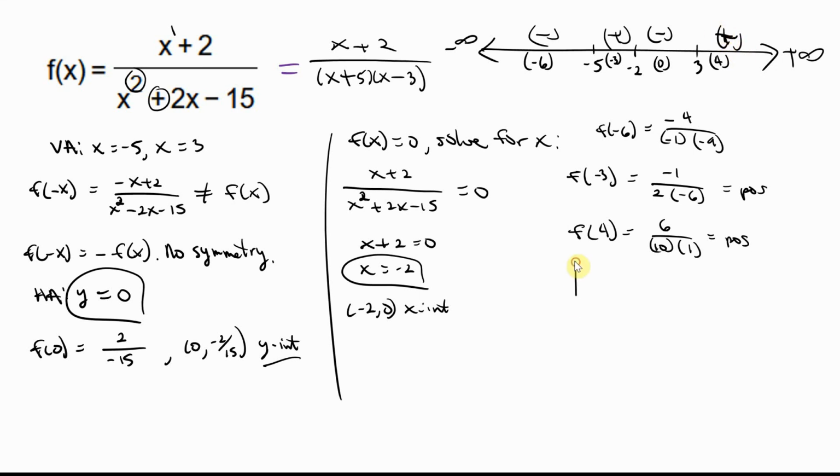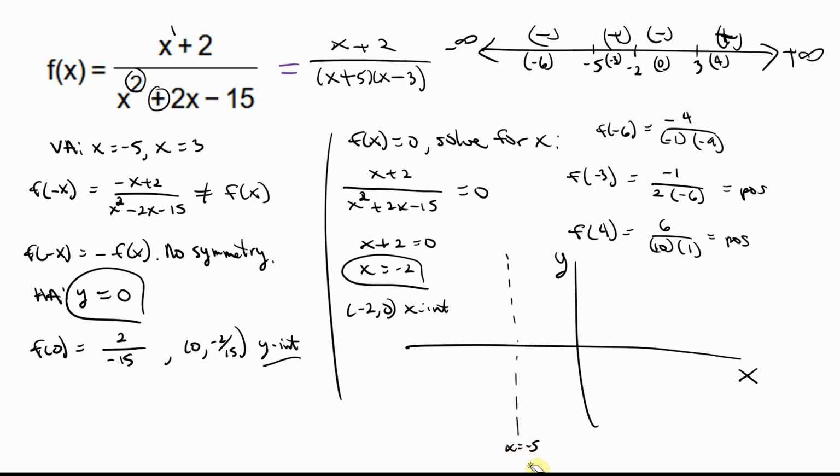So this is the last one. I've held you long enough. So the vertical asymptotes, x equal to -5 and x equal to 3. Horizontal asymptote, did I find that? y equal to 0. So that's the x-axis.